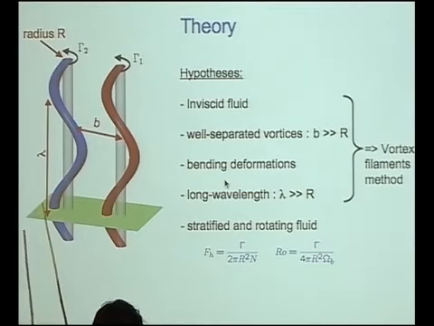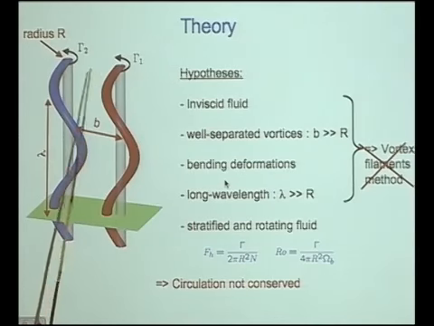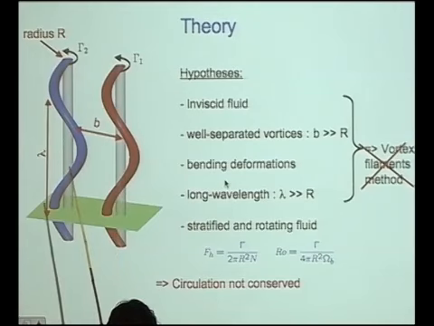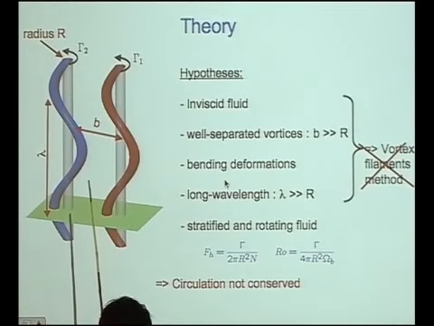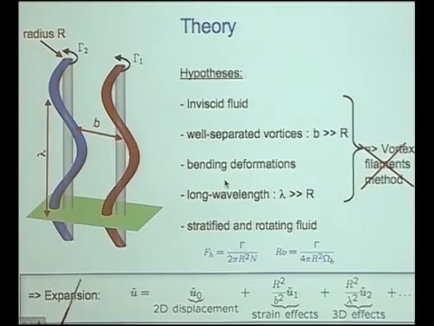But here we consider a stratified and rotating fluid, so the Froude number and the Rossby number will be assumed to be arbitrary. And so the circulations of the vortices are not conserved, and we cannot use vortex filament methods.